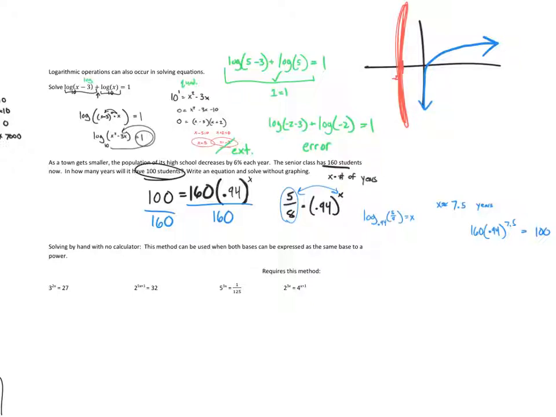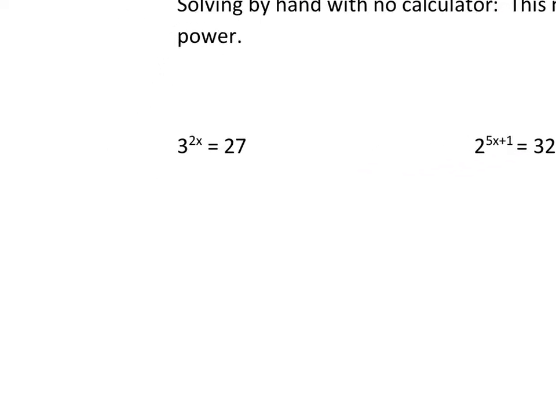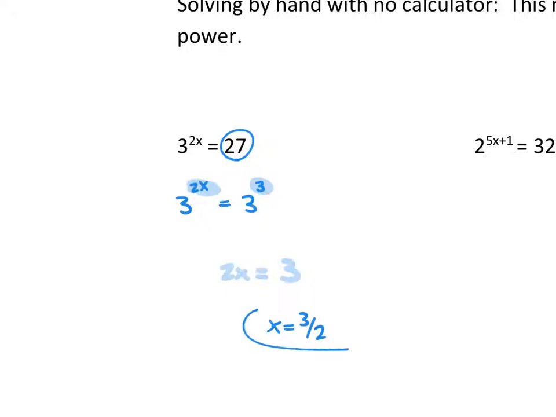There are methods of solving these without a calculator. We did it back in 6.2. And that method was, if x was in the exponent, we needed to get both sides expressed as the same base, to where 27 is 3 cubed. And then we set the exponents equal. That method does still work, but not all the time.